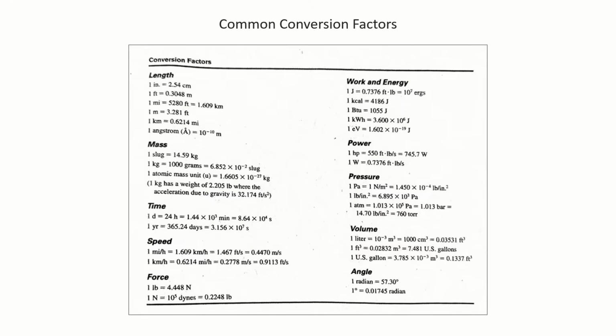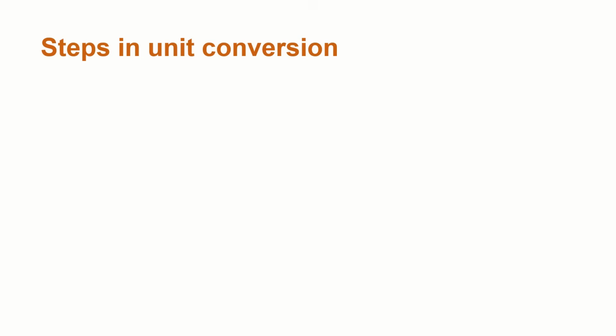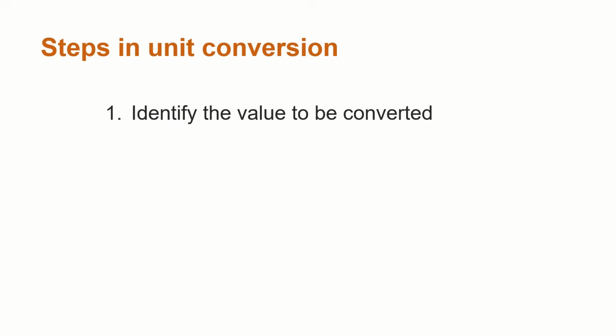So let us have some examples. By the way, here are the steps in unit conversion. First, you need to identify the value to be converted. Sometimes the value to be converted is explicitly given, but other times it is in the problem solving, diba?